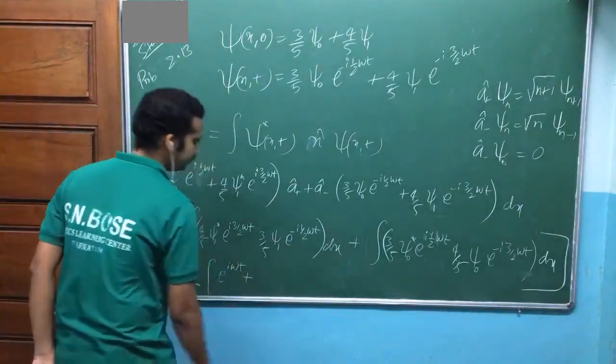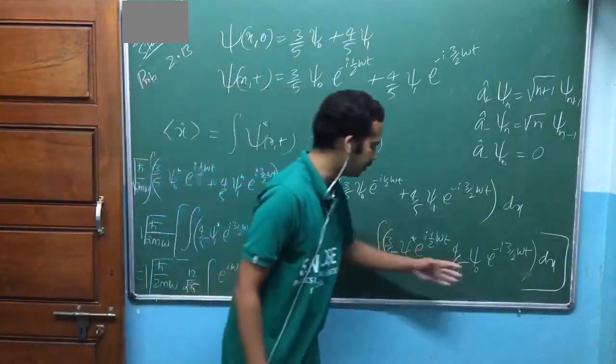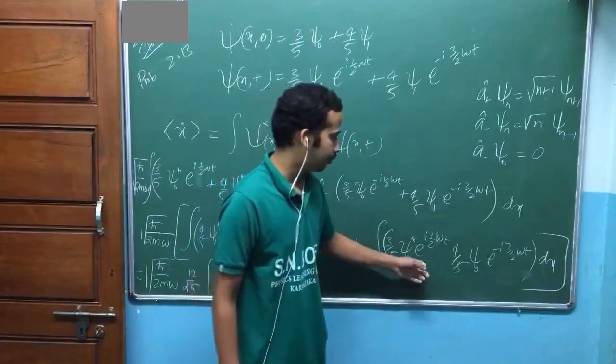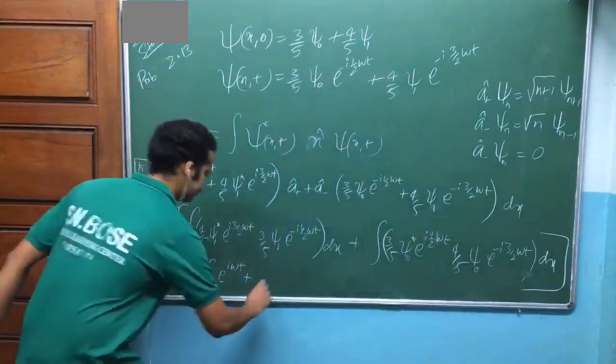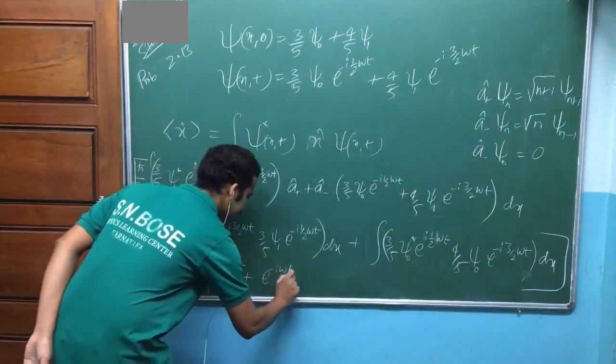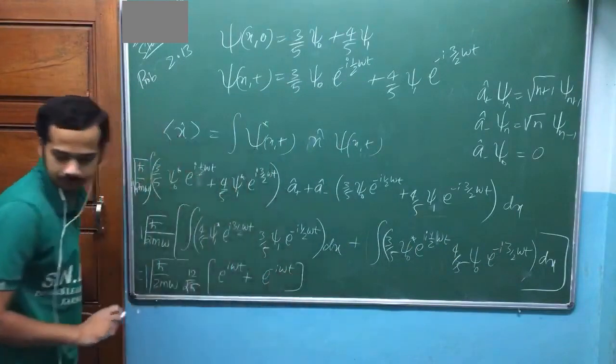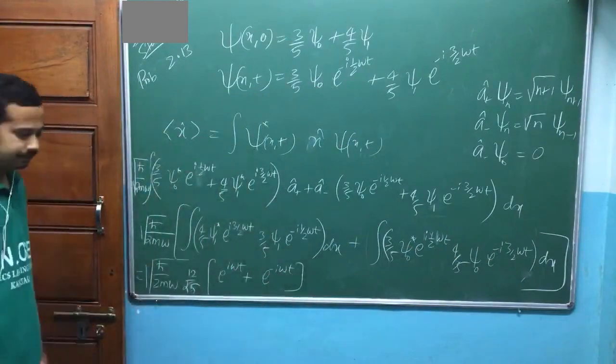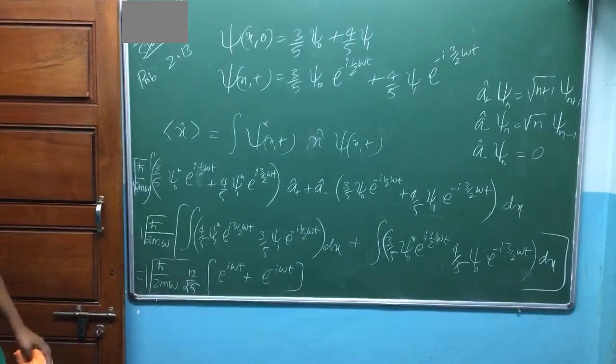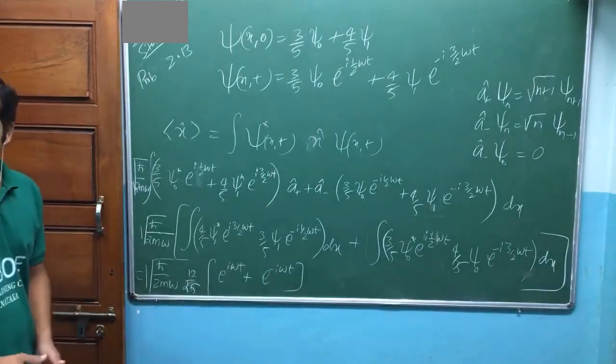So plus, here again, this multiplication is taken outside, e power minus i omega t. Just check it out. You can write it in terms of cos, 2 cos omega t, isn't it?